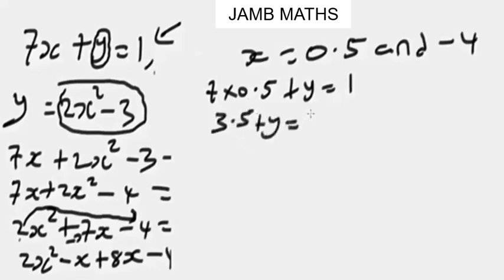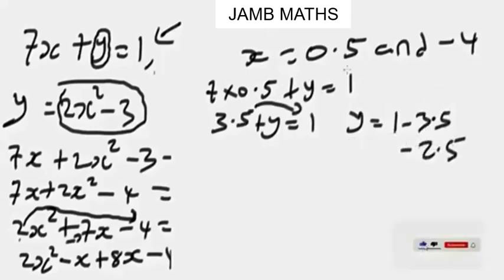plus y equals 1. So that means to make y the subject of the formula, this 3.5 comes over, y equals 1 minus 3.5. Okay, so when you subtract, you're going to get minus 2.5 as the value of y when x is 0.5.